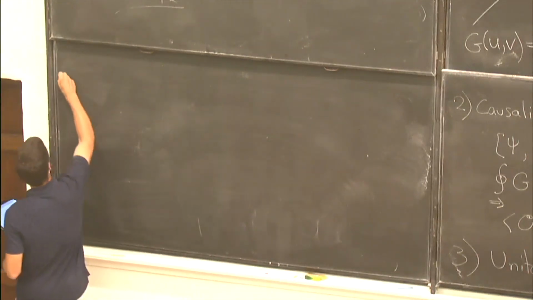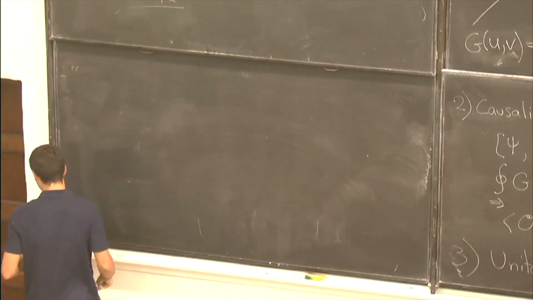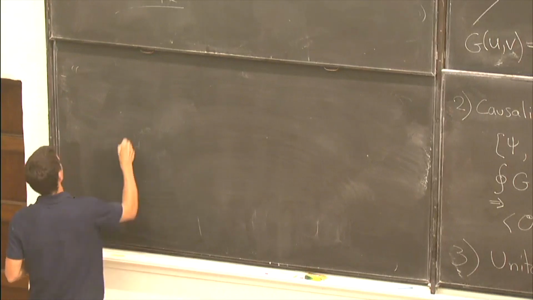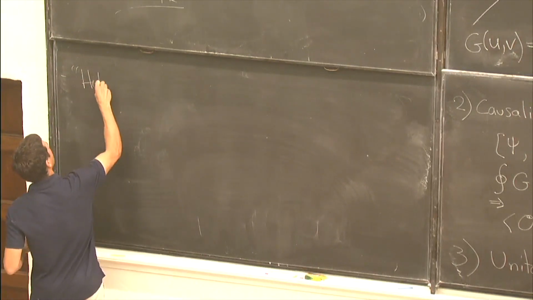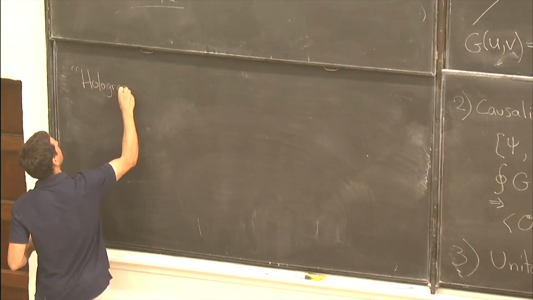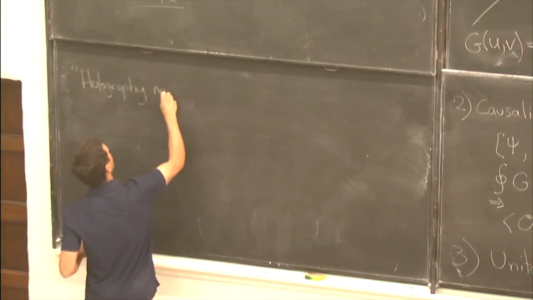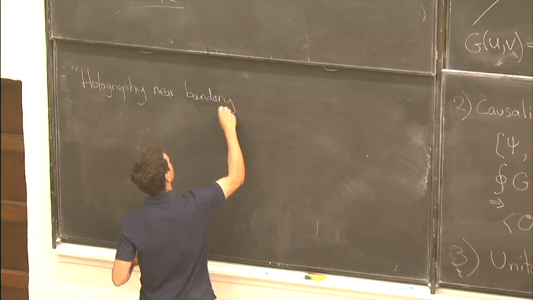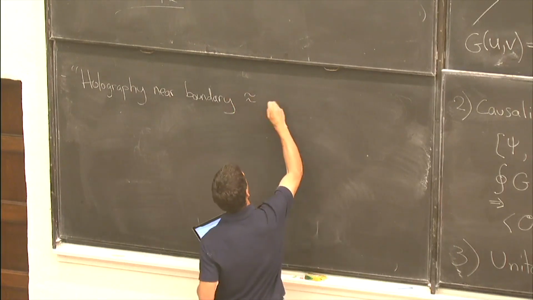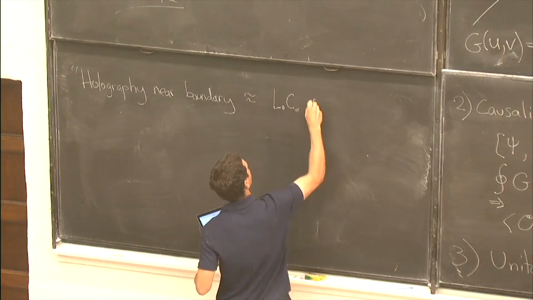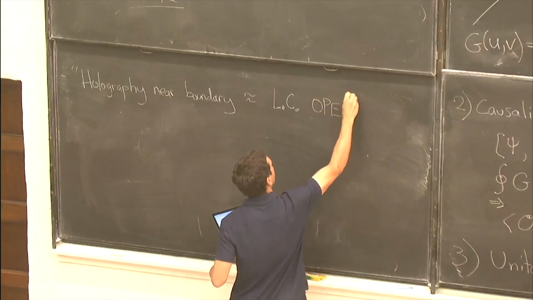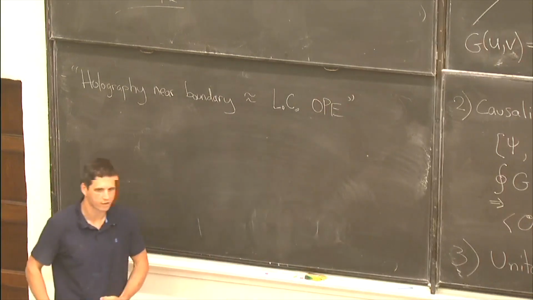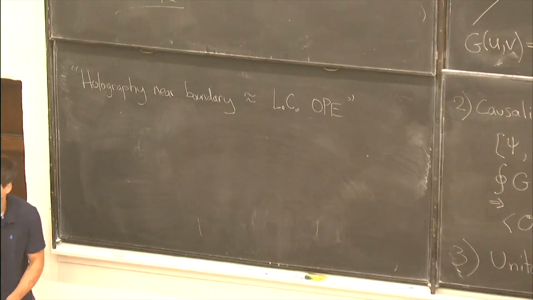So the slogan here is that holography near the boundary is basically a trick for doing the light cone OPE.